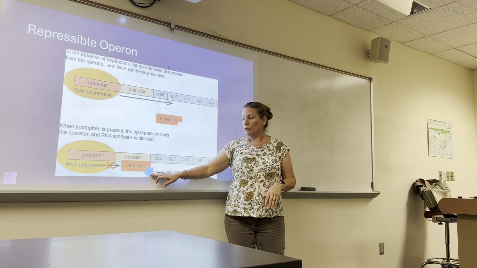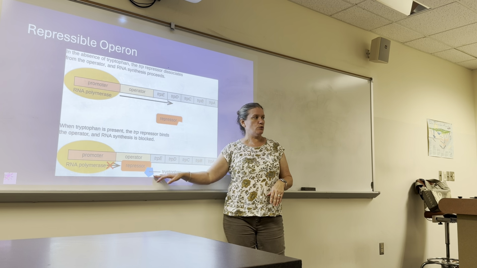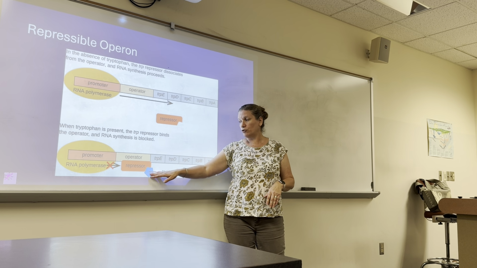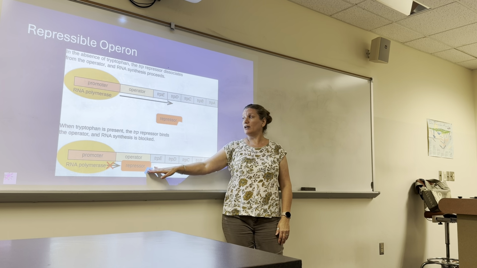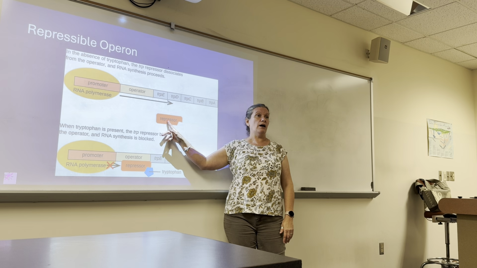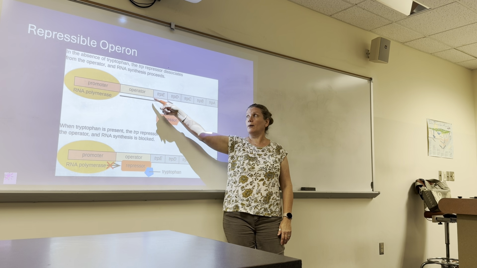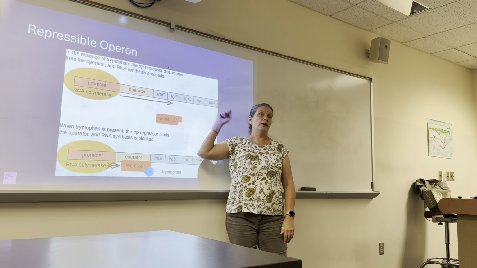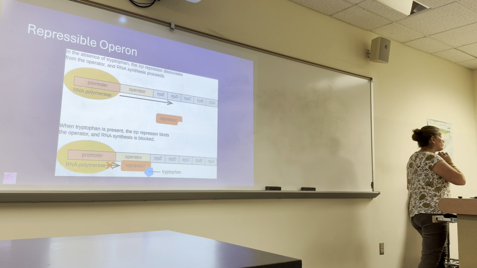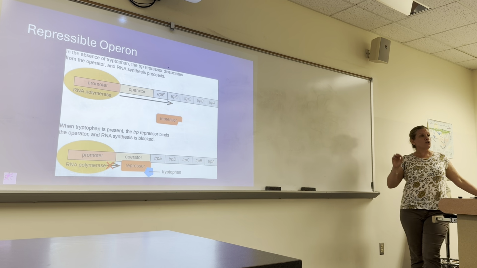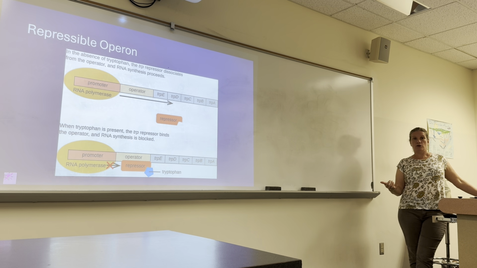Once the levels drop low enough, the interaction between the repressor and tryptophan is going to separate. It's reversible. The repressor will no longer be able to interact with the operator, and we now have the operon turned back on. Okay? So a repressible operon is normally on, occasionally turned off.